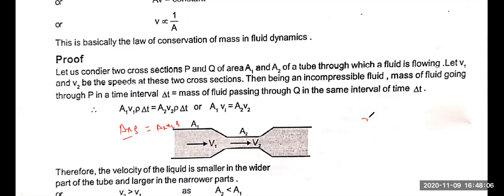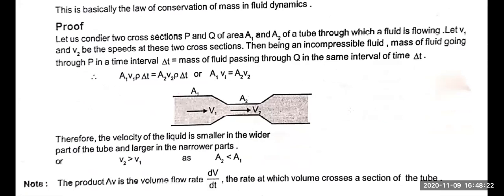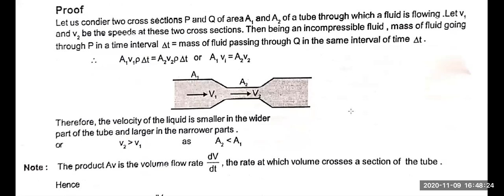And we know that x is equal to velocity into time, so A1 V1 delta t rho is equal to A2 V2 delta t rho. Delta t and rho cancel. This is the same thing. I hope all of you understood the concept.